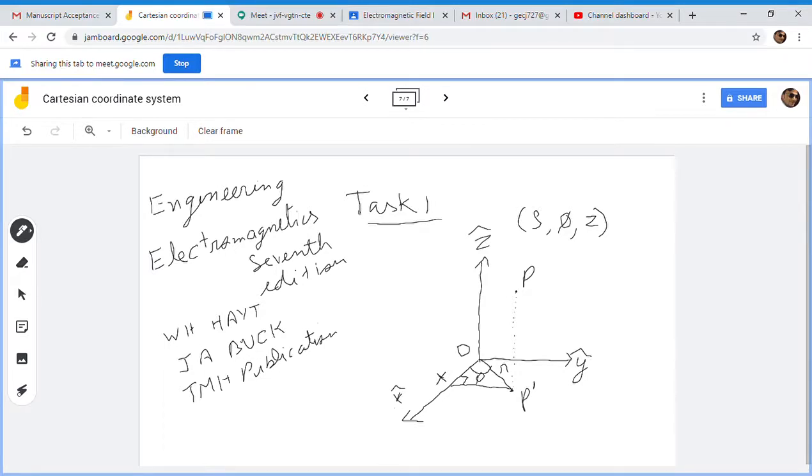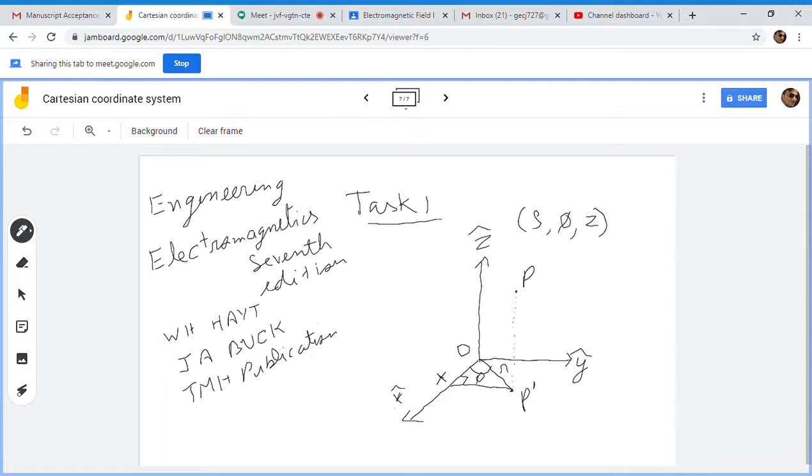Then only you can determine this x coordinate by Pythagoras theorem. So you need to observe these things. These are small points which will be very helpful in understanding the subsequent lectures.